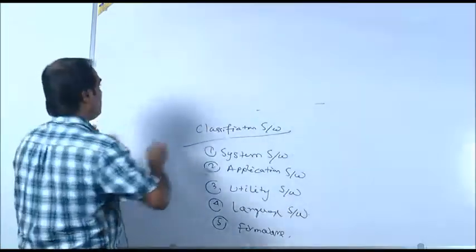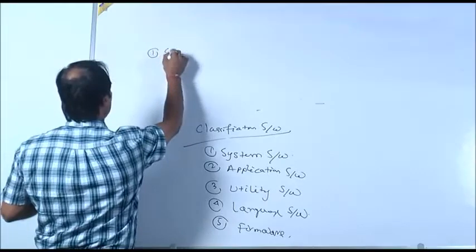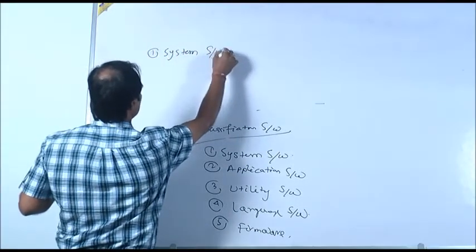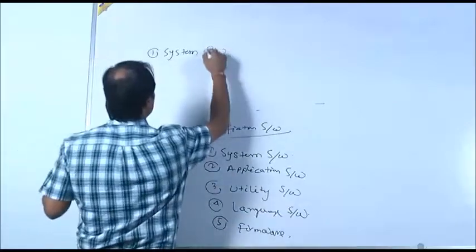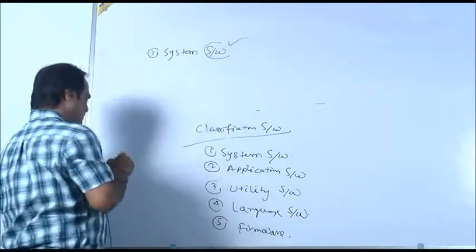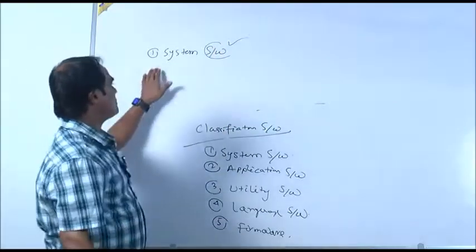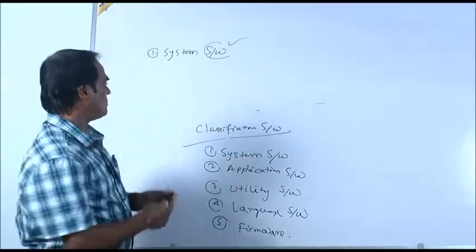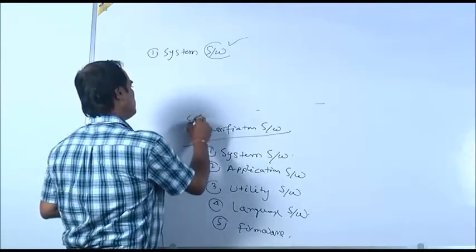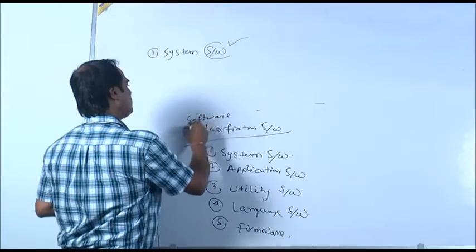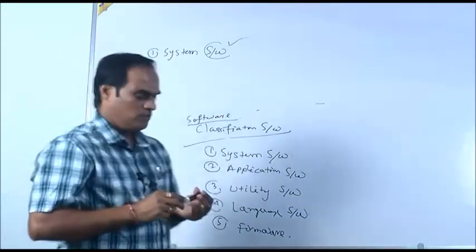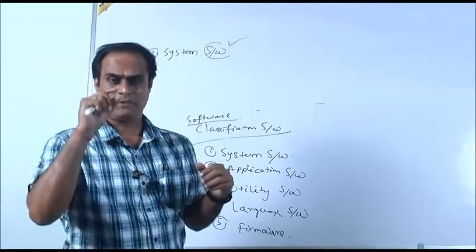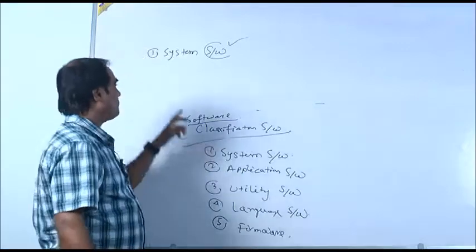Okay. So, first we will discuss the very important one, that is system software. So, what is system software? I have already explained that software means a set of instructions that we execute for a specific task or purpose.